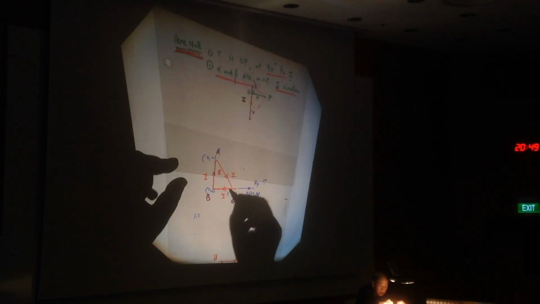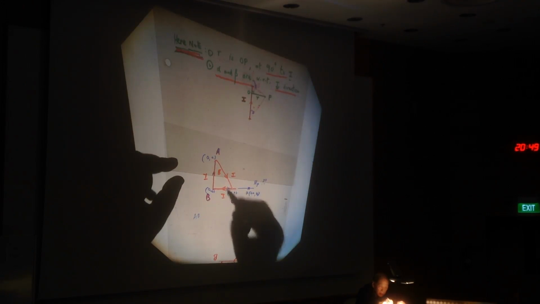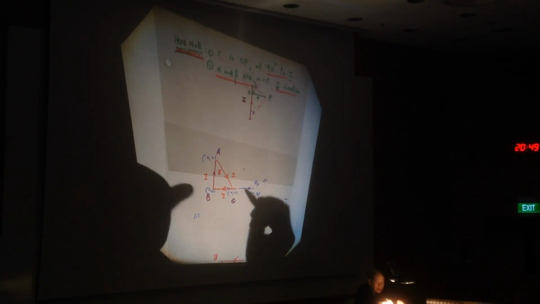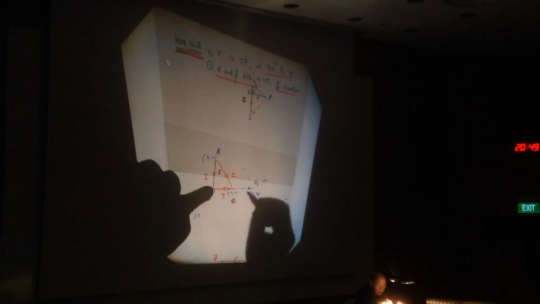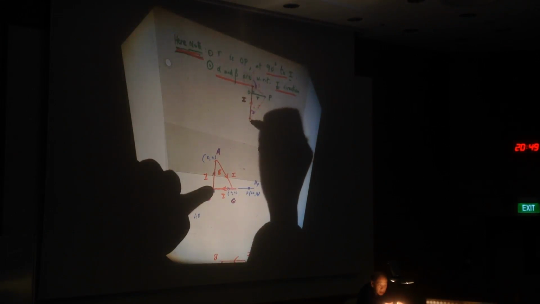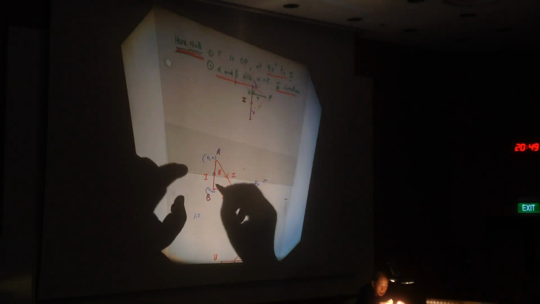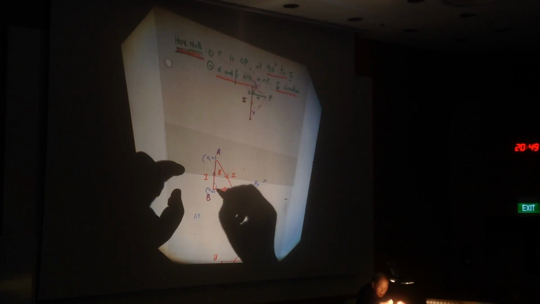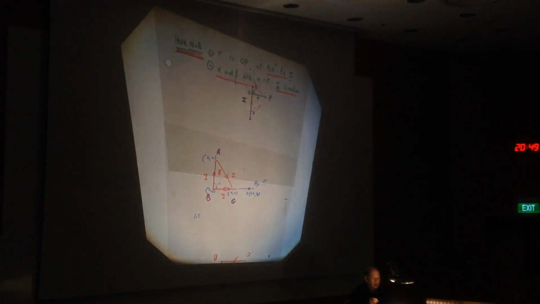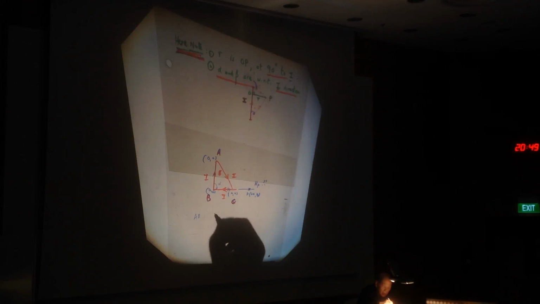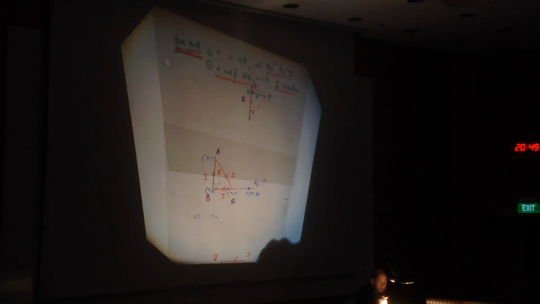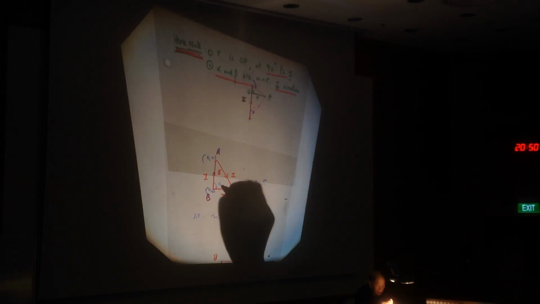Now we look at this one, and draw arrows here. The direction from the extremity A to the point P, and let's call this B here, AB, to the point P. Two arrows here. So this is angle alpha, alpha for AB.